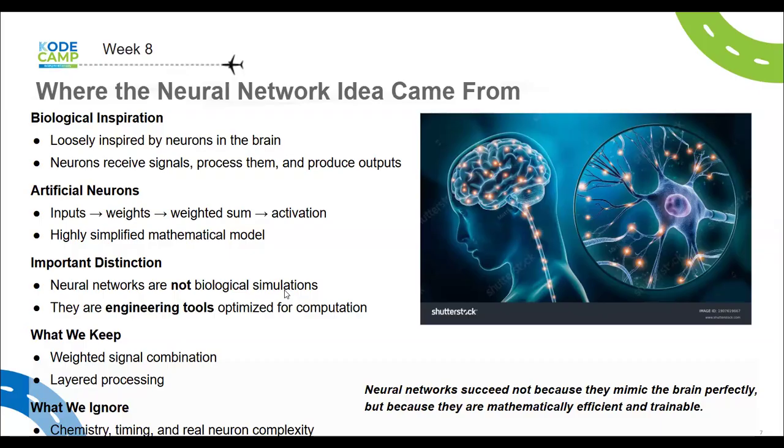Then the second thing that really makes it powerful, like we said earlier, is layers. The concept of layers is one thing that no other machine learning model has. You may find that models like random forest and XGBoost are ensemble models. What we mean by ensemble is you are combining a lot of decision trees and you run them in parallel.